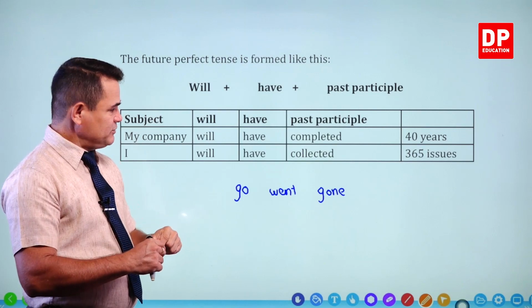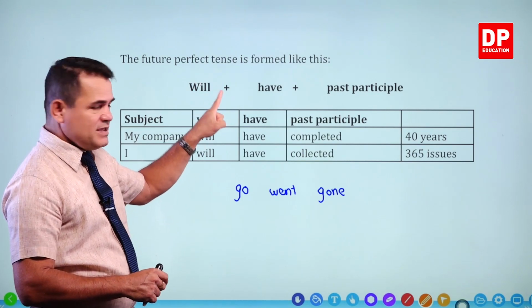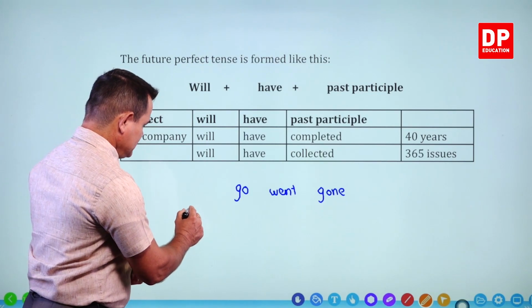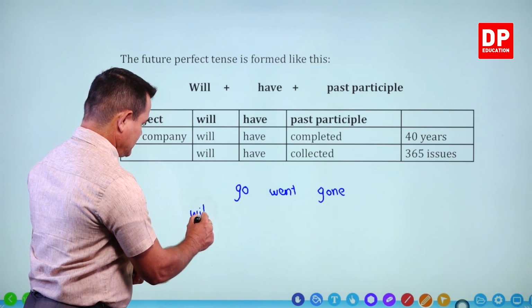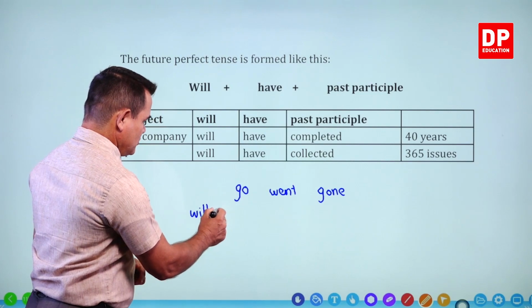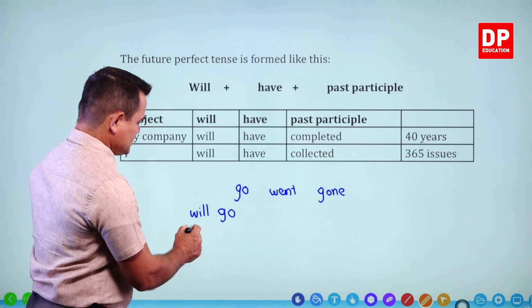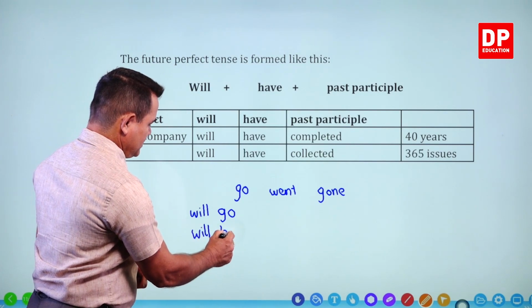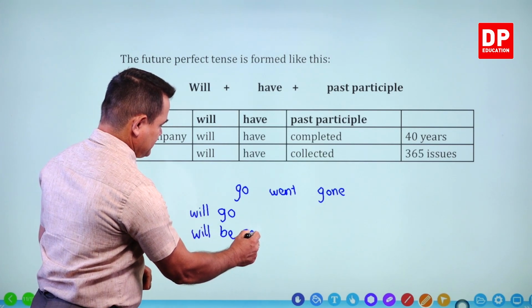Future continuous is will be plus verb ing, will be going.